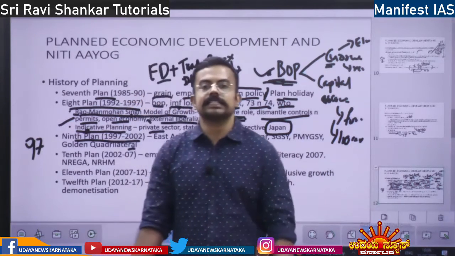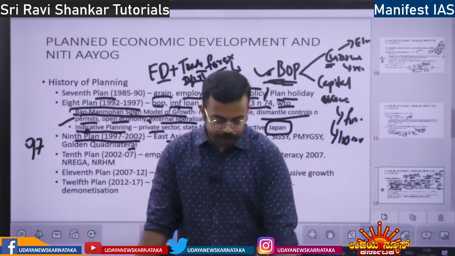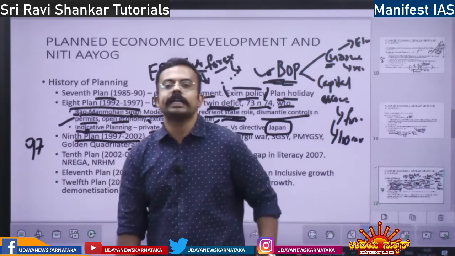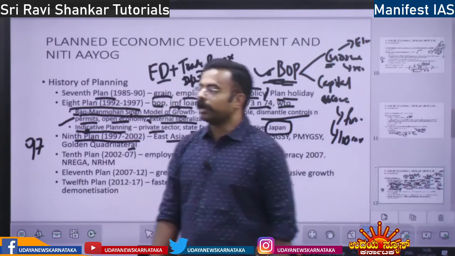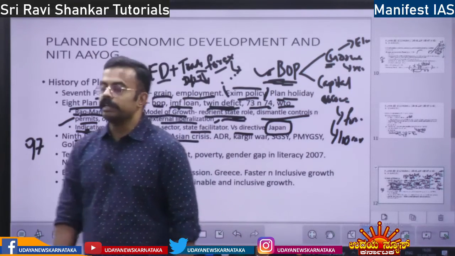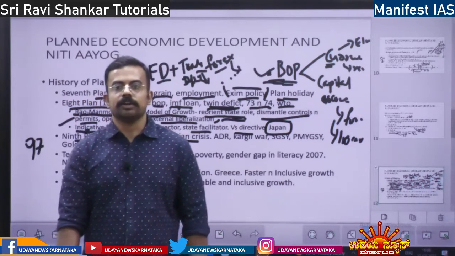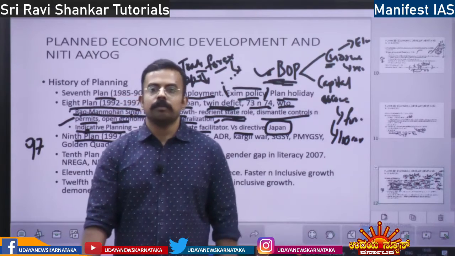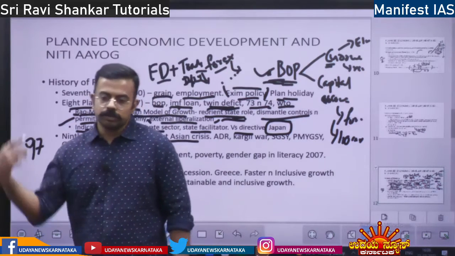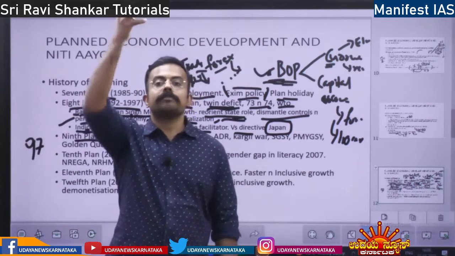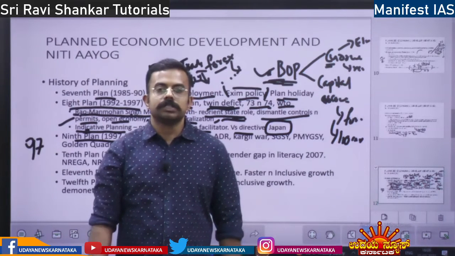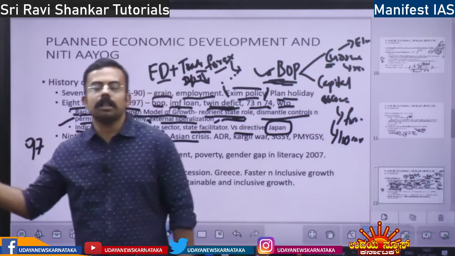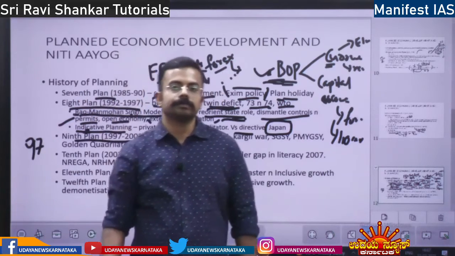There is a crisis in those countries. What crisis? The economy gets overheated. There is a lot of foreign investment in these economies, but suddenly the foreign investment goes back.